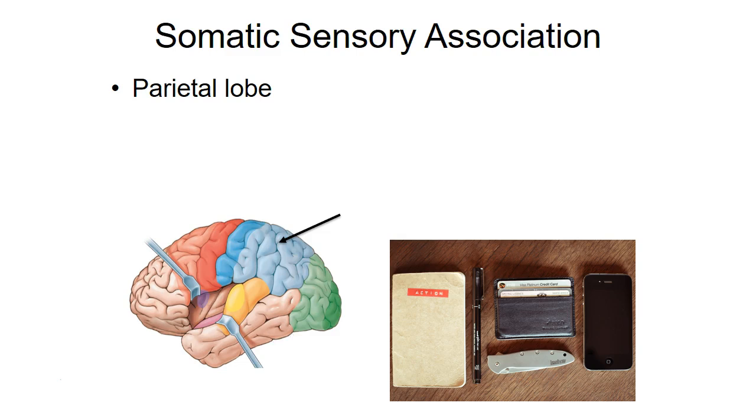It also is involved with being able to look at something and predict how it might feel. If you see sandpaper, you would predict that it's probably rough, not smooth. So this part of your brain is involved with that as well. Does that make sense to folks? All right.